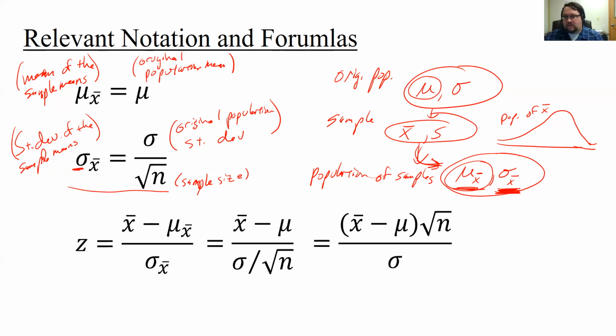I would not use these formulas. I would use this formula and just replace this with mu because they're the same thing. But you could do that algebra if you wanted to calculate directly from the original values, if you didn't want to calculate the standard deviation of the sample means. I wouldn't. I would use the original one.